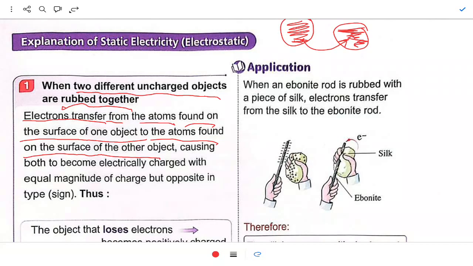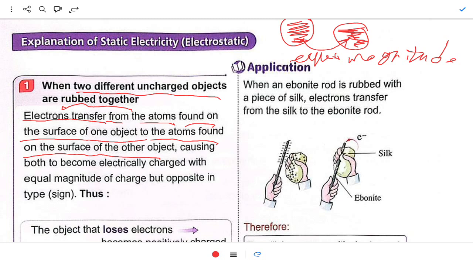All of these objects are charged with equal magnitude of charge, but opposite in type.